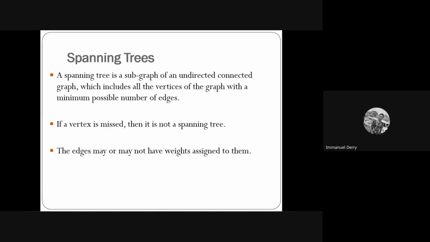And also the edges may or may not have weights assigned to them.